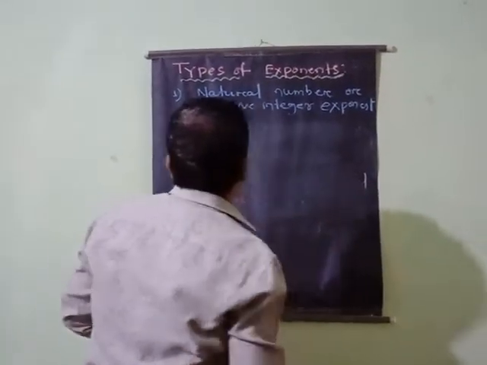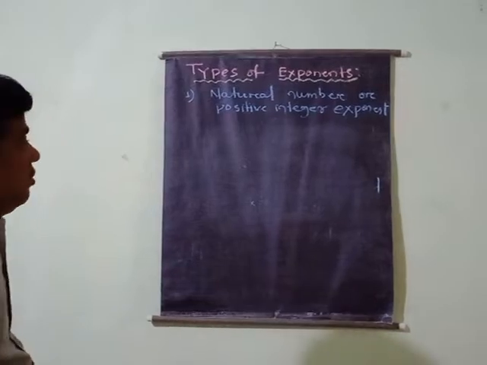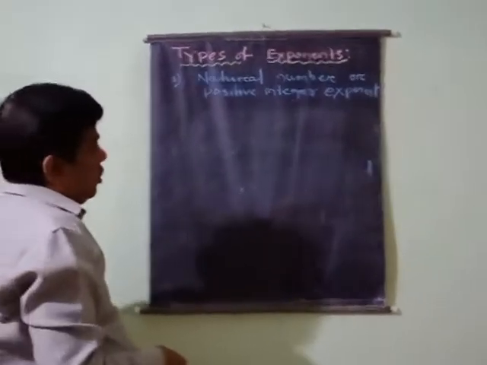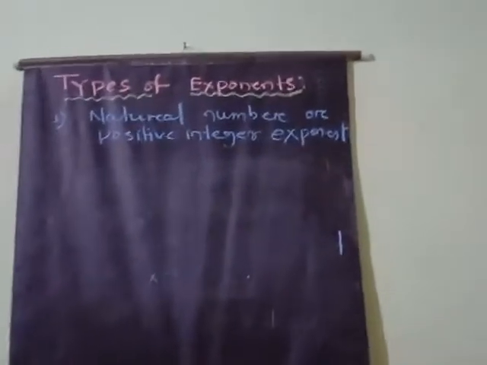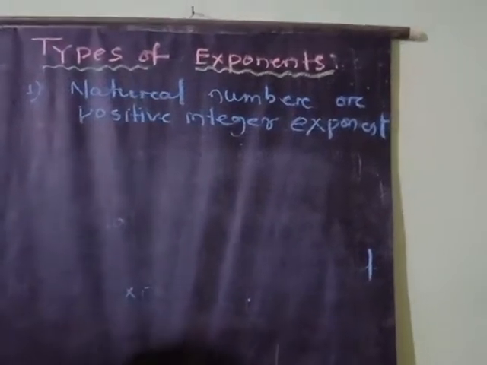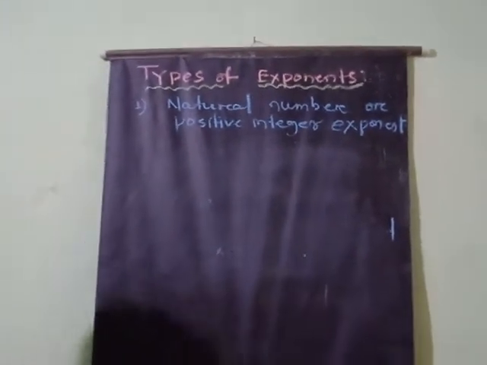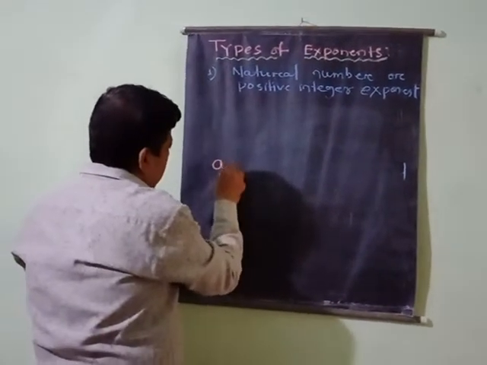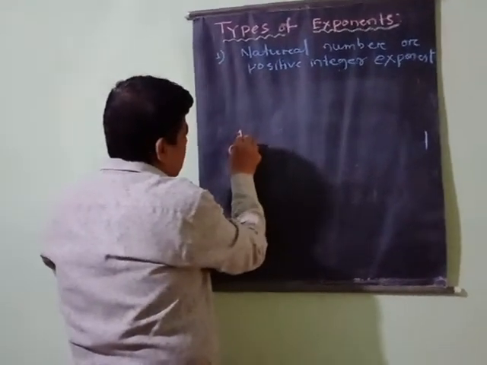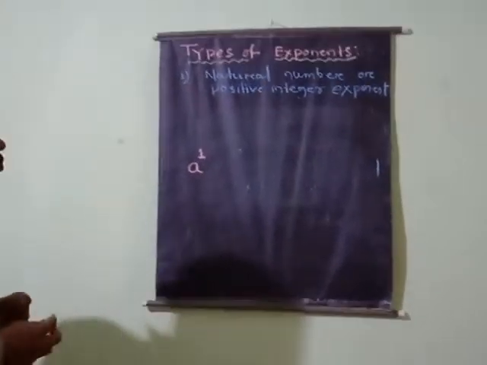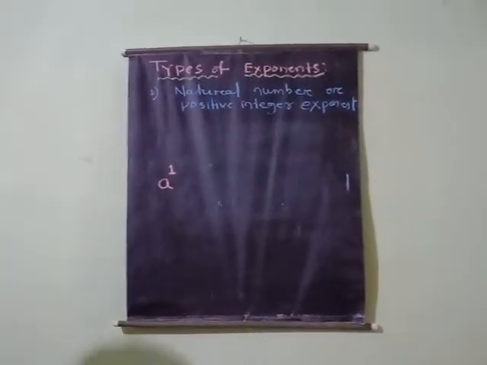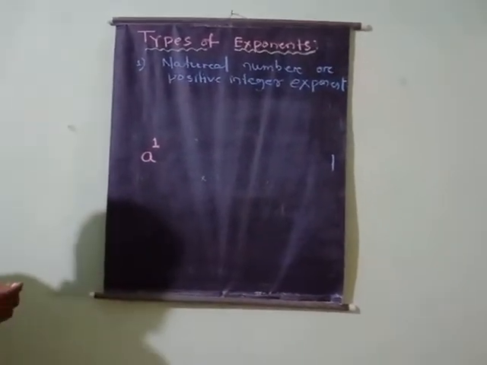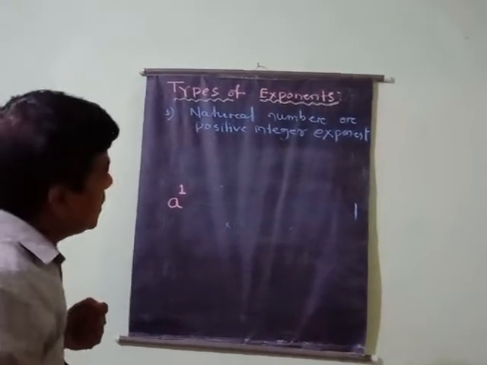I am going to discuss the natural number or positive integer exponent, or positive exponent. Suppose I discuss a to the power 1. What do you mean by positive? Natural numbers are called positive numbers, positive integers.